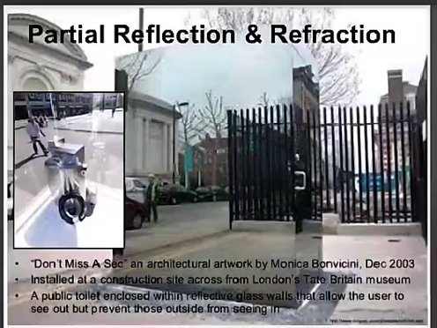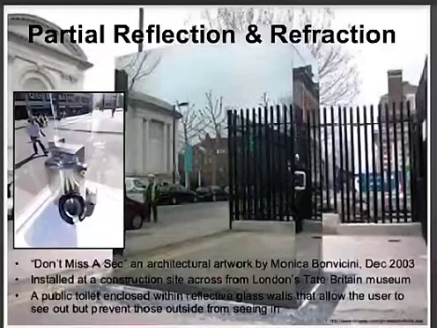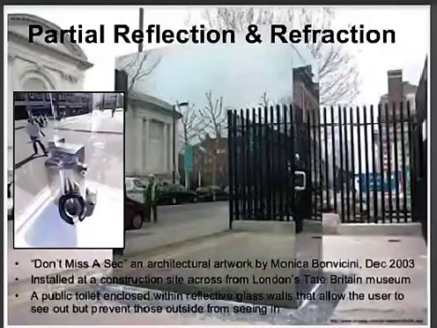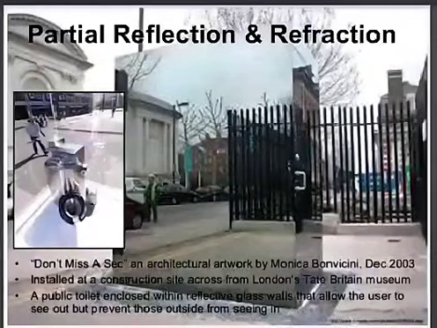This is actually glass, but because of reflection, there is a public toilet enclosed within reflective glass walls that allow the users to see out but prevent people outside from seeing in. Means what? If you are inside it, you can see the outside world, but the outside world cannot see you.